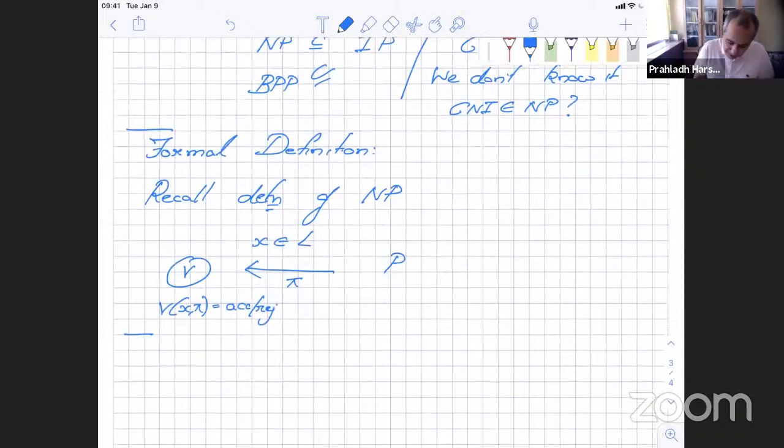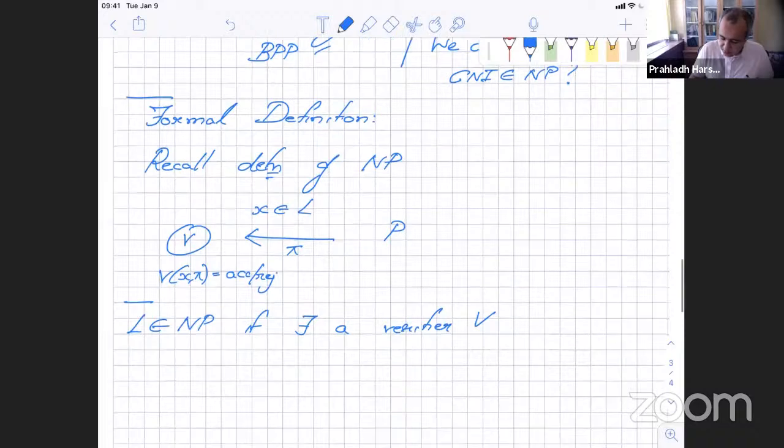More formally, we'll say that L is in NP if there exists a verifier V with the following properties. We'll modify all these properties to define IP.